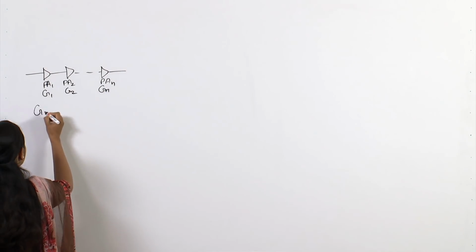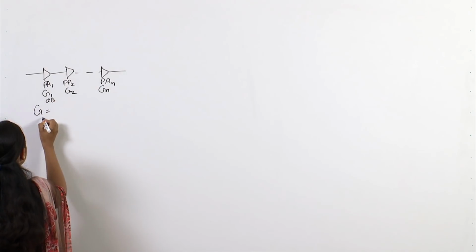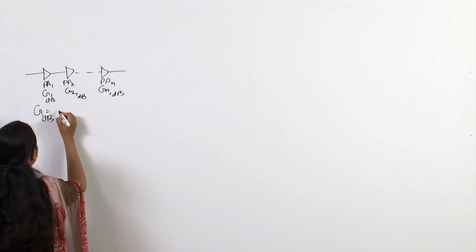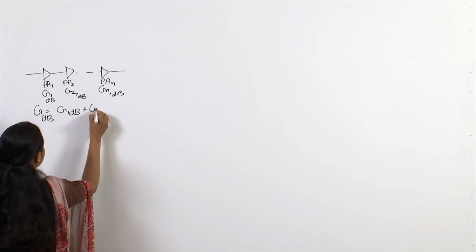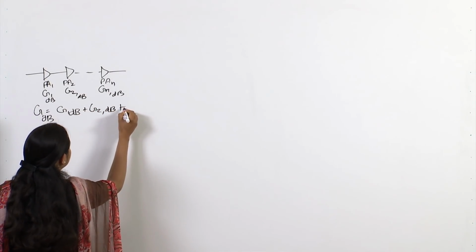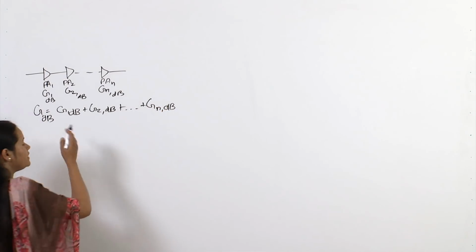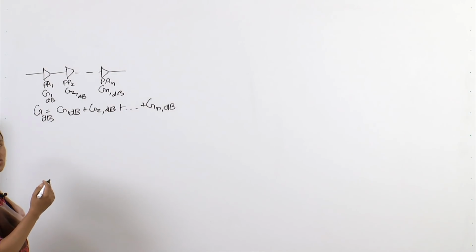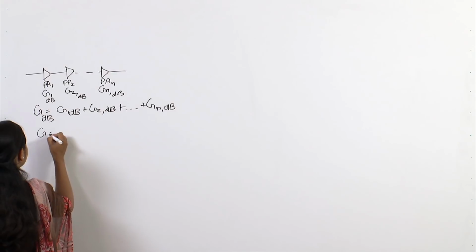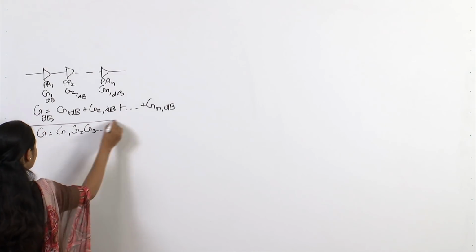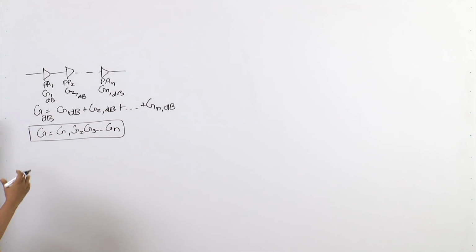So, total gain in this case, if it is in dB, can be given by G1 dB plus G2 dB plus Gn dB. If it is in ratio form, the ratio of two voltages, then this G will be simply G1, G2, G3 and Gn. So, gain is simply the summation of all the terms if they are given in logarithmic form, or multiplication if they are given in the form of ratios.